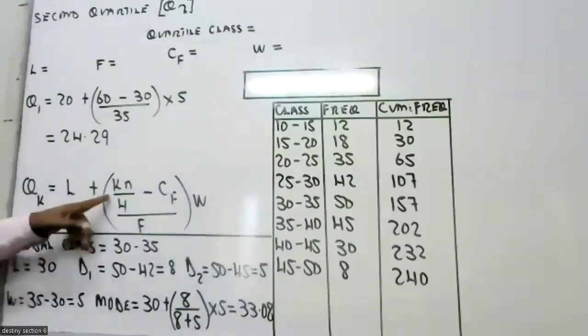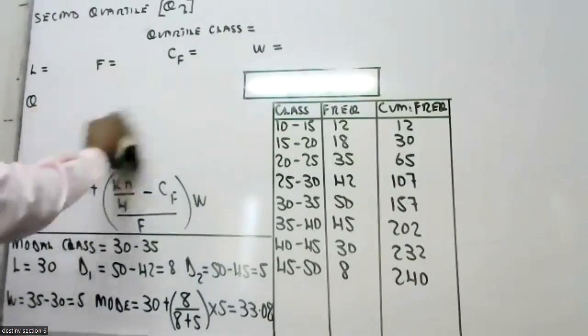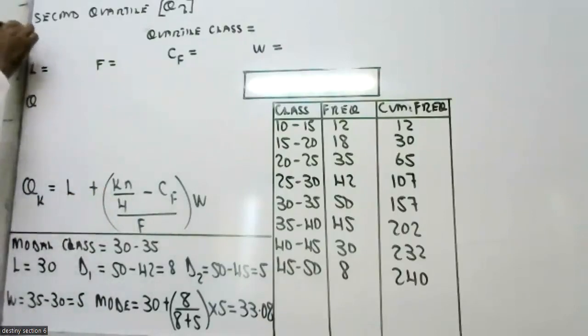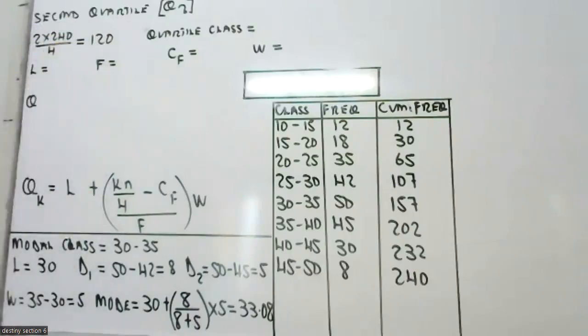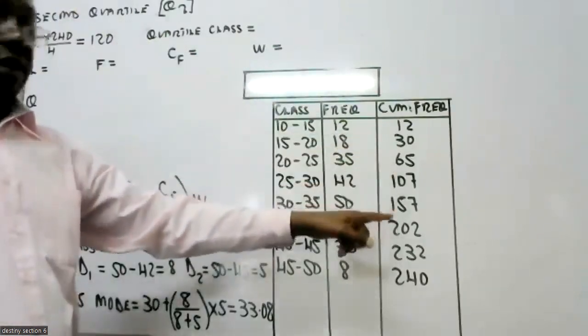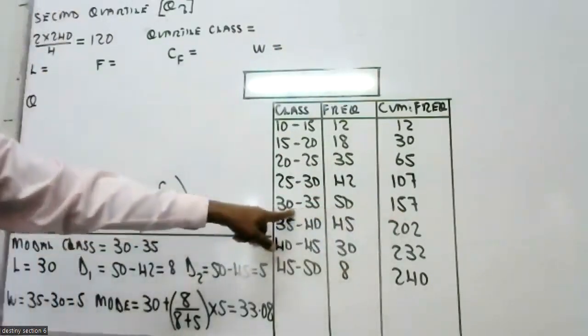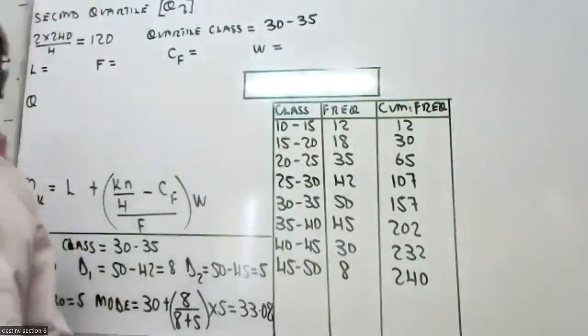Now, again, going by this formula here, we require 2n. That is 2 times 240. I divide by 4. That gives me 120. Now I look for 120. It is here for 157. So that means the quartile class is 30 to 35. That is the quartile class.